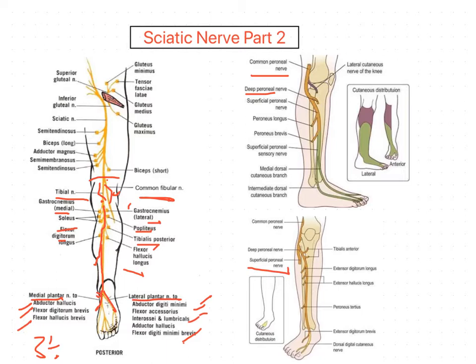The superficial peroneal nerve supplies the peroneal group of muscles, that is peroneus longus and peroneus brevis, whereas the deep peroneal nerve supplies the anterior compartment of the leg, that is extensor digitorum longus, extensor hallucis longus and peroneus tertius.